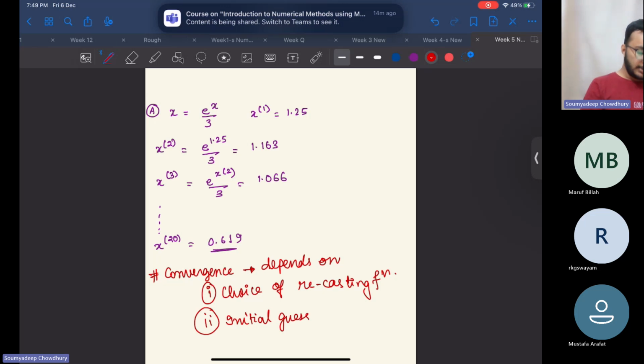These two factors will determine in how many iterations you will converge, or whether you will converge at all or your solution is diverging.